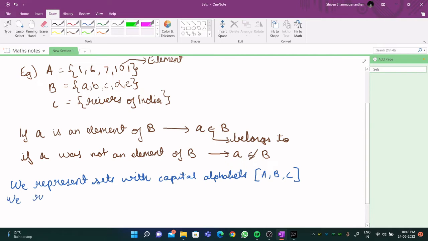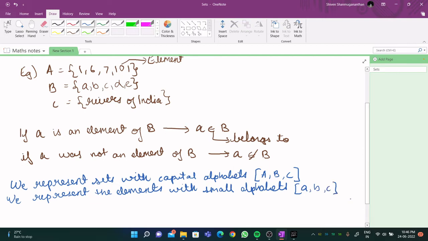We represent the elements with small alphabets. Right, so this will be a, b, c. Fine.